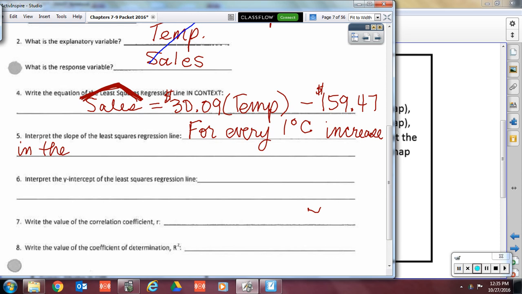In the temp, or in the x. What's x? Temp. So for every 1 degree Celsius increase in the temp, the what? The predicted y, the predicted sales go up $30.09.